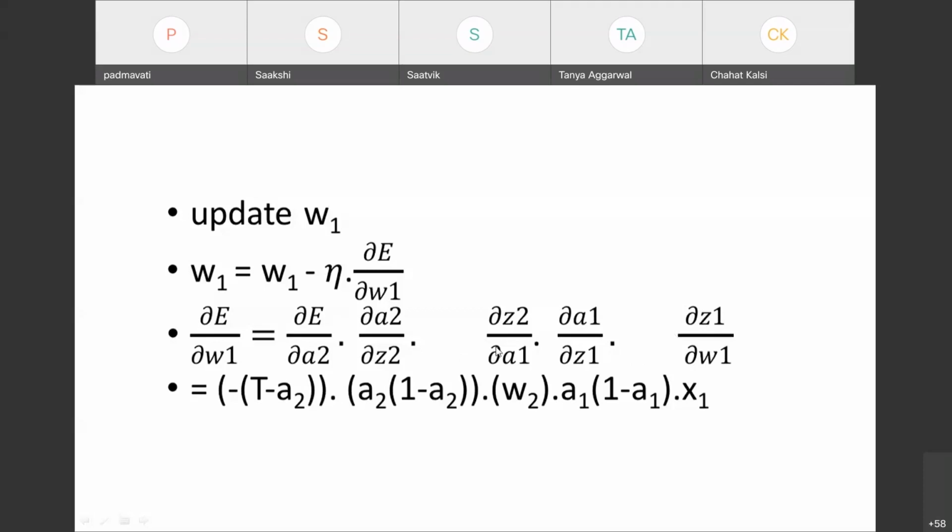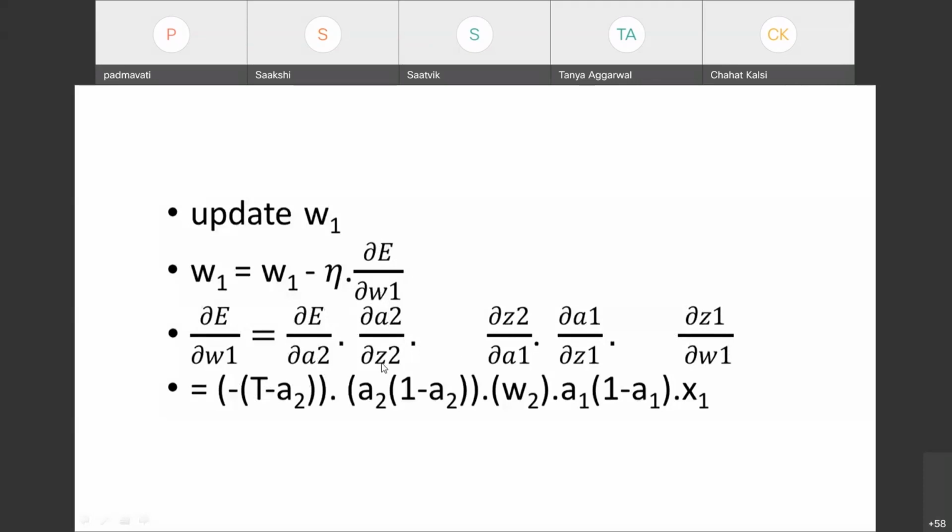Now, what I will be doing is, we will try to solve each term. The derivative with respect to A2 comes out to be this. Just now we have discussed while updating W2, that is while computing the derivative of E with respect to W2, it comes out to be this value.